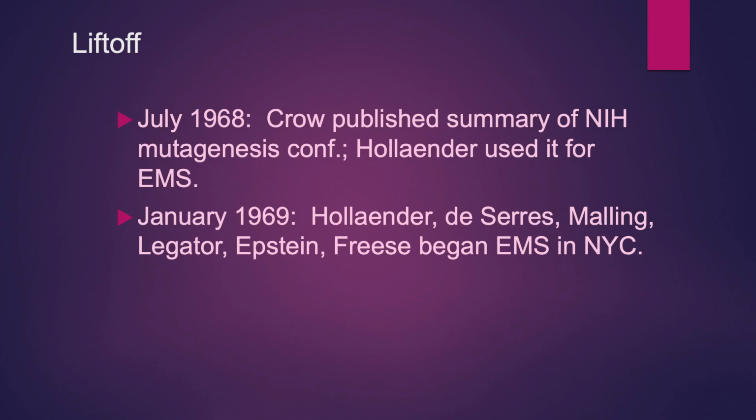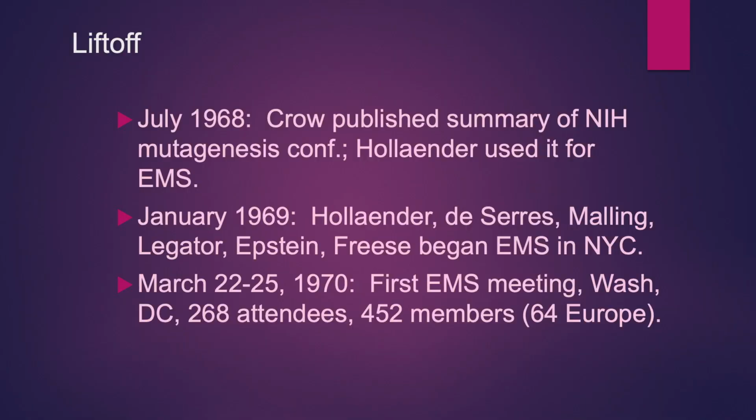In January of '69, Hollaender, DeSerres, Muller, Legator, Epstein, and Fries met in the corporate offices of Union Carbide in New York City and basically shook hands and agreed to form our society and named it EMS. And without the benefit of email or cell phones, just 3 months later, they held the first meeting right here in Washington, D.C., just a few blocks from where we are.